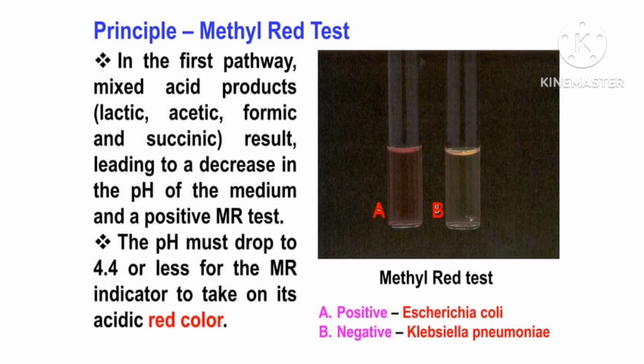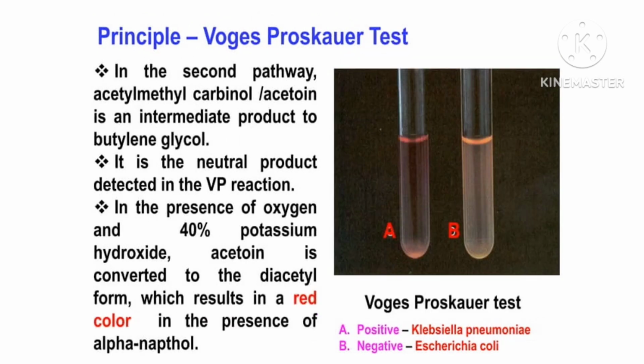So the pH must drop to 4.4 or less for the MR indicator to take on its acidic red color. If it is dropping to 4.4 or even less than that, only then will the MR indicator take up the acidic red color. An example for a positive MR test is Escherichia coli, negative is Klebsiella pneumoniae.